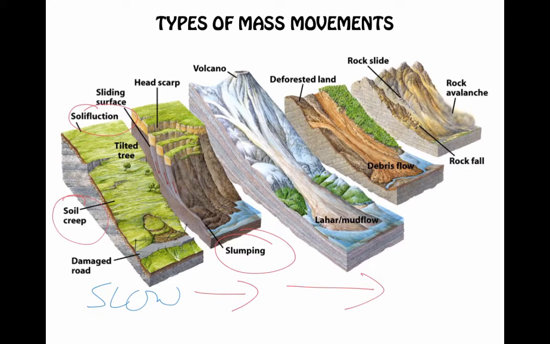Remember, lahars are debris flows that occur on the sides of volcanoes. Finally, we have rock avalanches or snow avalanches that would be the fastest.